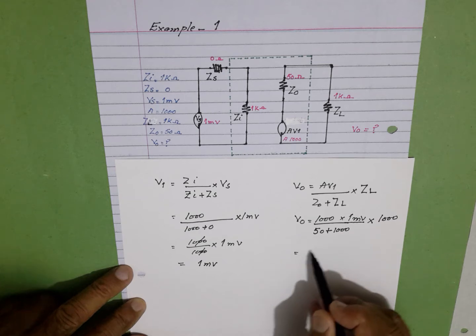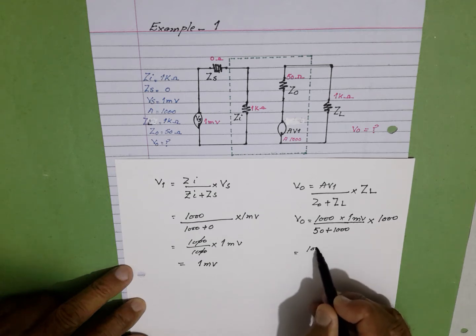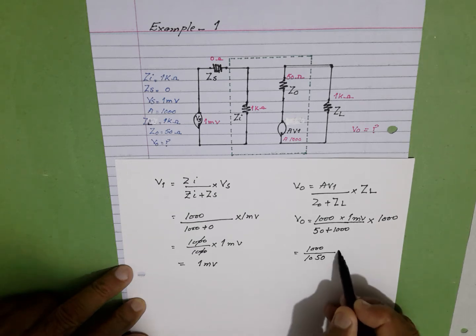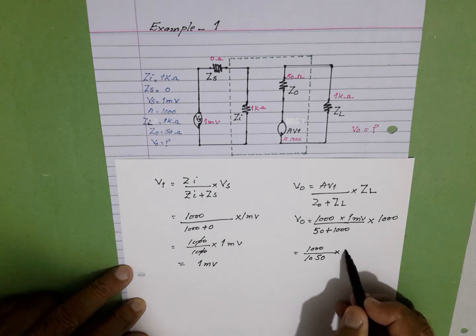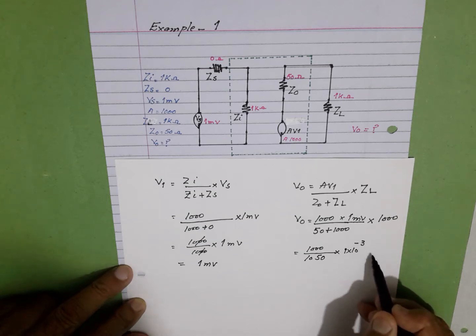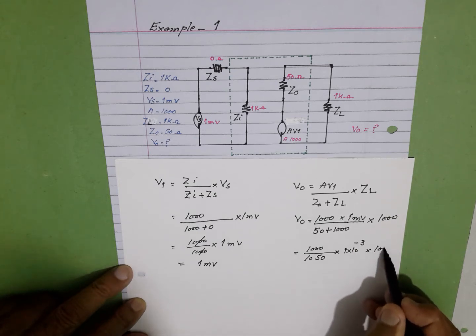This we can write as 1000 over 1050, multiplied by 1 into 10 raised to the power minus 3. 1 millivolt is equal to this, multiplied by 1000.